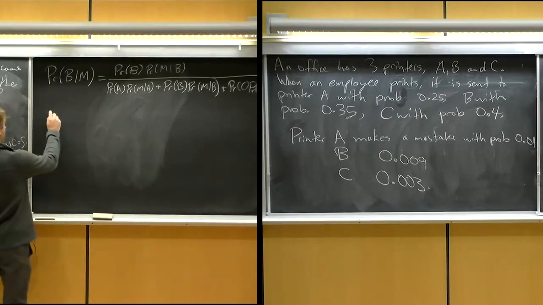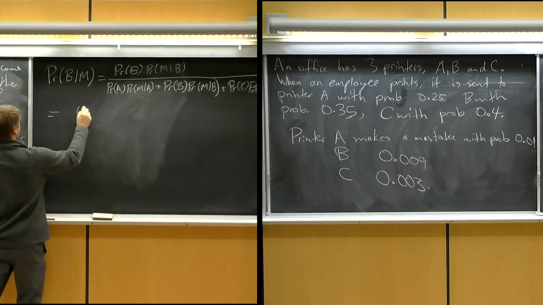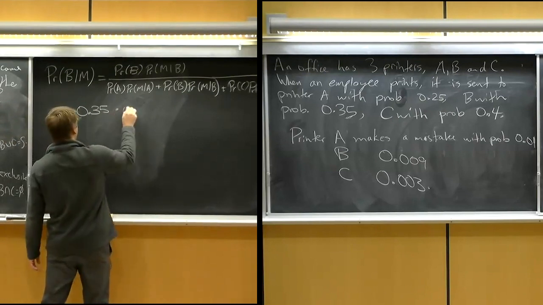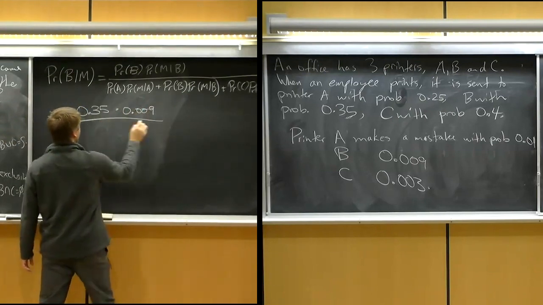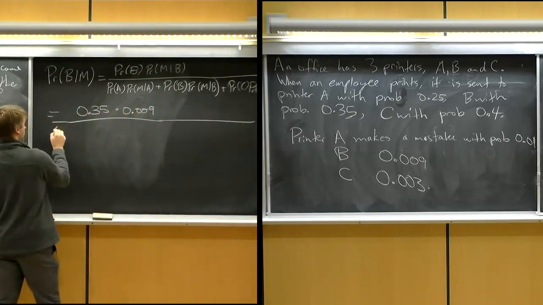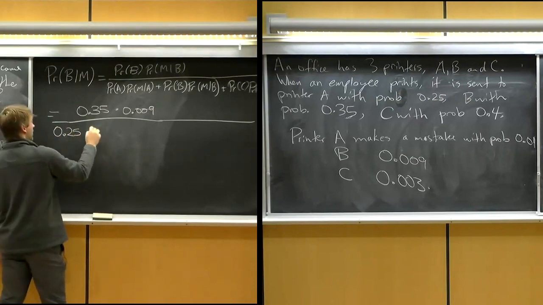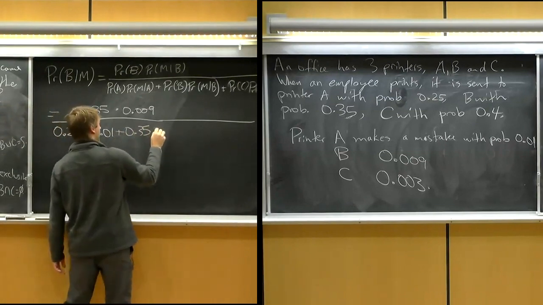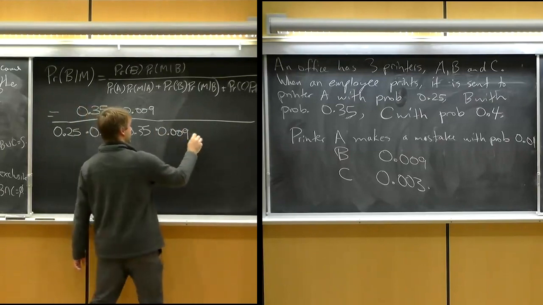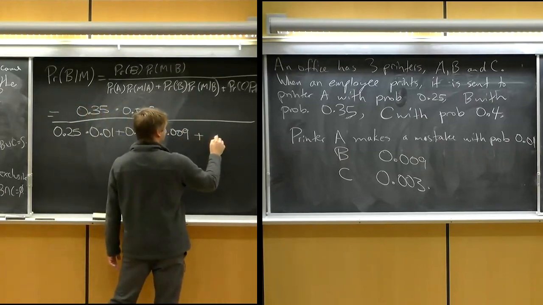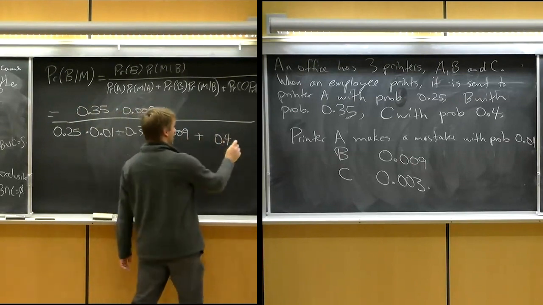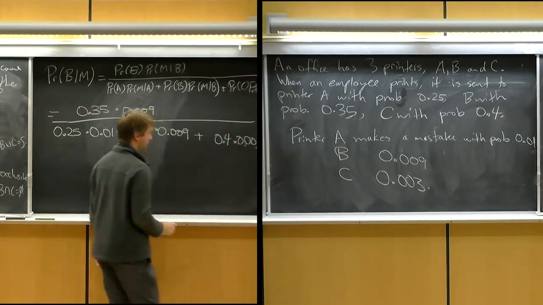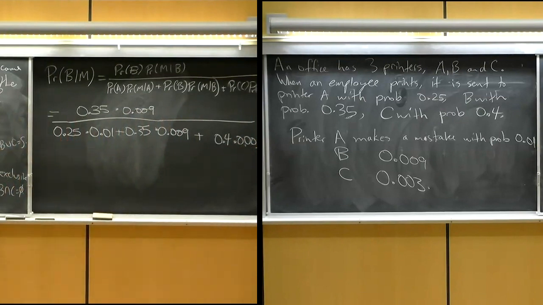Okay, so we plug in numbers now. The probability of B is 35%, and whenever you print from B, it has a 0.009 chance of being bad. We've got 0.25 for A, with a 0.01 chance of being bad. And then 40% of the time it goes to C, and C is pretty accurate, with a 0.003 chance of being bad.